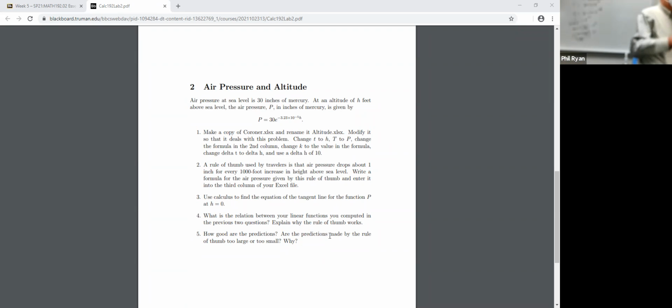So let's take our Excel file and change it to this problem. So we want to change it to pressure equals 30 times e to the minus 3.23 times 10 to the minus 5 h, and we want to use a delta H of 10.